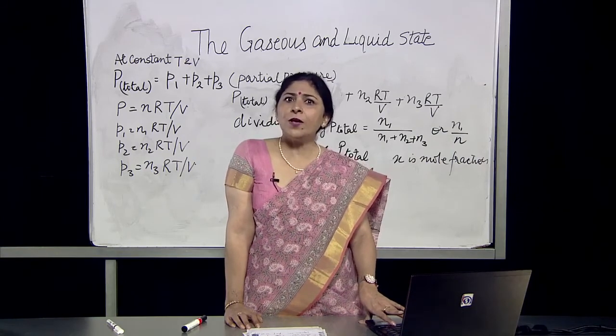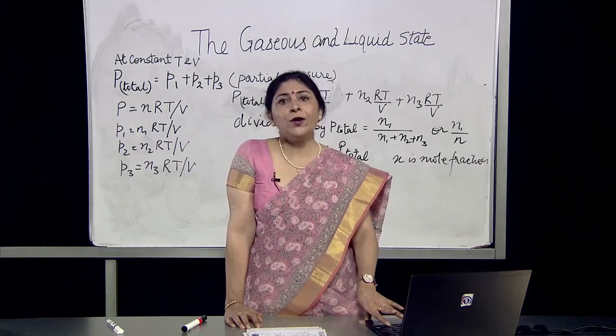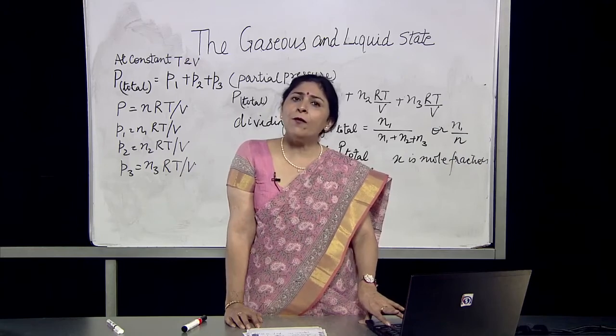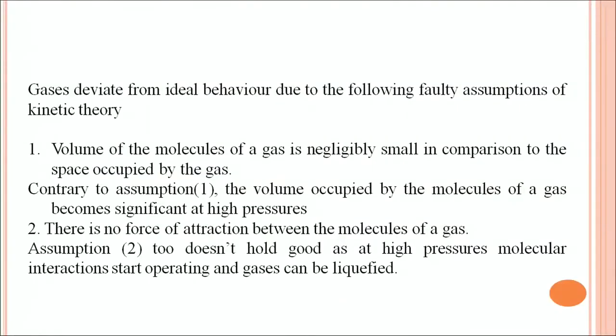Now, gases deviate from the ideal behavior due to the following faulty assumptions of kinetic theory. First, as per kinetic theory, the volume of the molecules of a gas is negligibly small in comparison to the space occupied by the gas. But contrary to assumption 1, the volume occupied by molecules of gas becomes significant at high pressure.